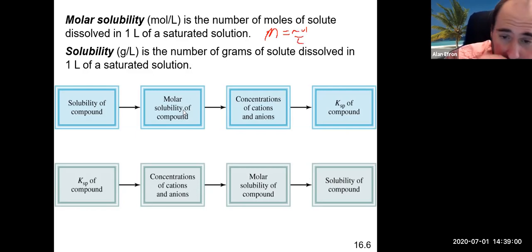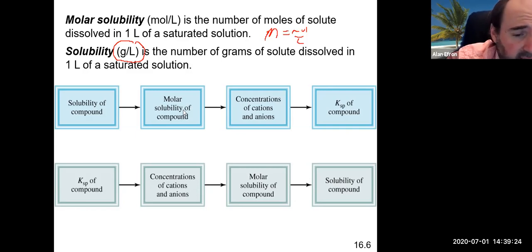And then sometimes people will just talk about solubility in general, and that is how many grams per liter you can dissolve, so how many grams of that substance you could dissolve in, for example, 1 liter of solution.